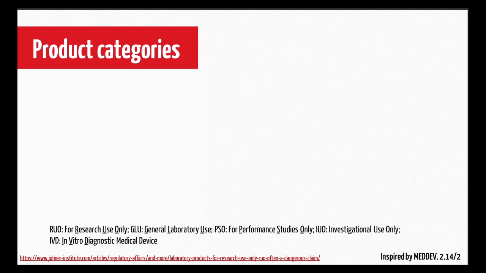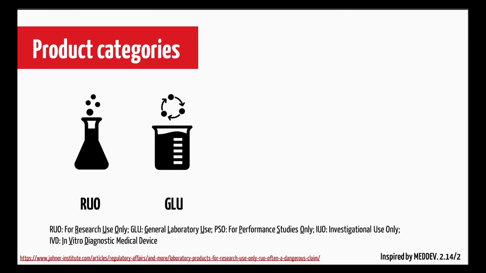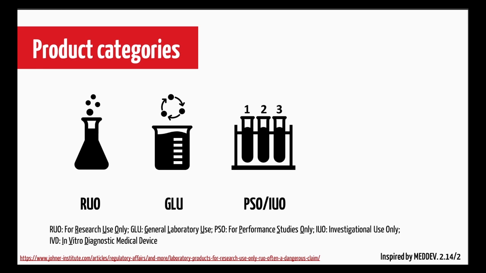So let us have a view on those product categories. Let us start with research use only, which has nearly no regulatory requirements. Then there is a category of devices, at least defined in Europe, which is called for general lab use only. And the category of for performance studies only, compared to the US definition of investigational use only, where the devices have not yet established the analytical or clinical performance characteristics.